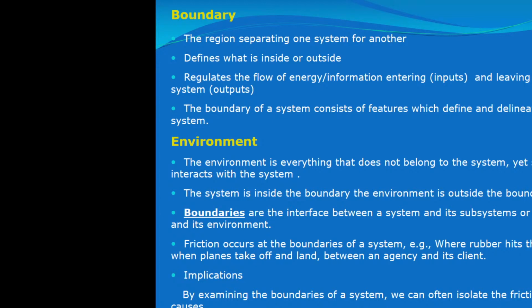Friction occurs at the boundaries of the system. The rubber hits the road, planes take off and land, between an agency and its client. By examining the boundaries of the system, we can often isolate the friction and its causes.